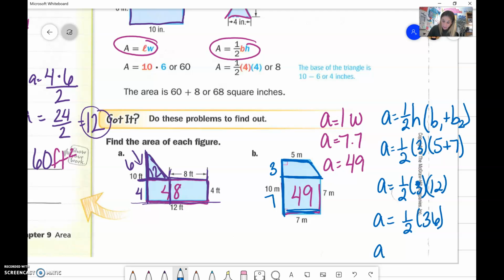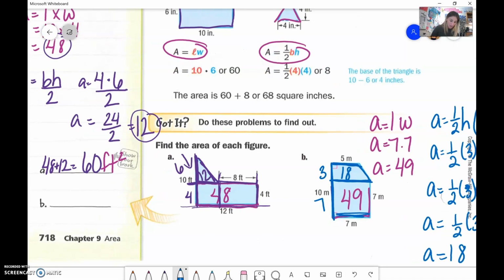And when I take my calculator and I take 1/2 times 36, or really 36 divided by 2, it's going to give me 18. So now I'm going to take my area of 49 plus 18, which is going to give me 67 meters squared.